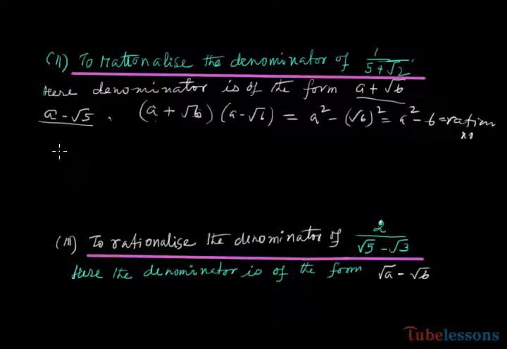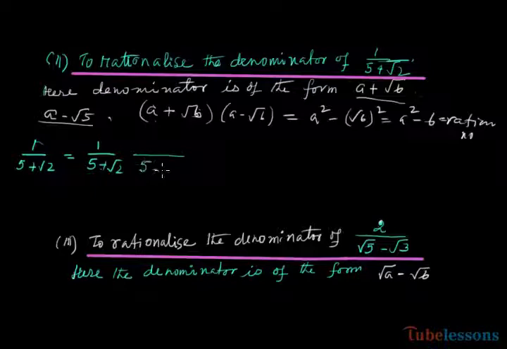So now our sum is 1 by 5 plus root 2. We'll multiply both numerator and denominator with its conjugate, that is 5 minus root 2.